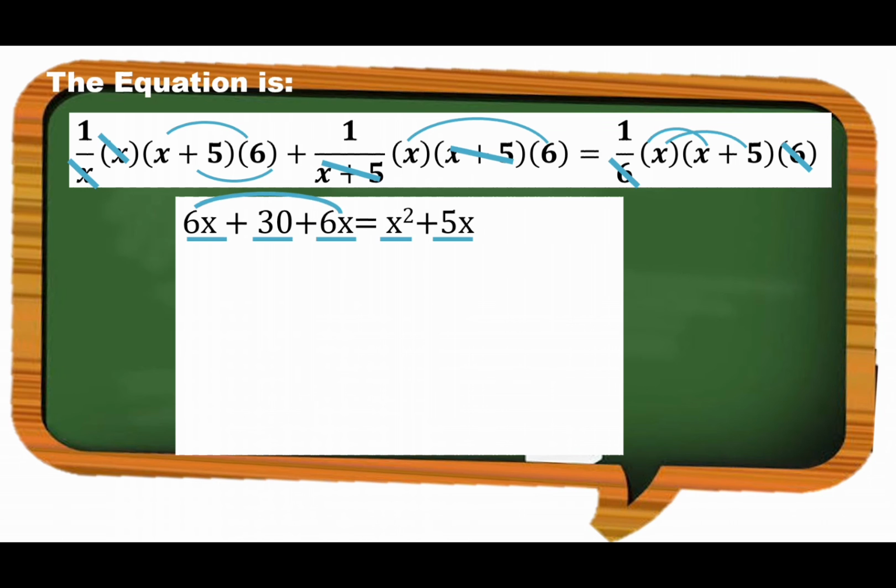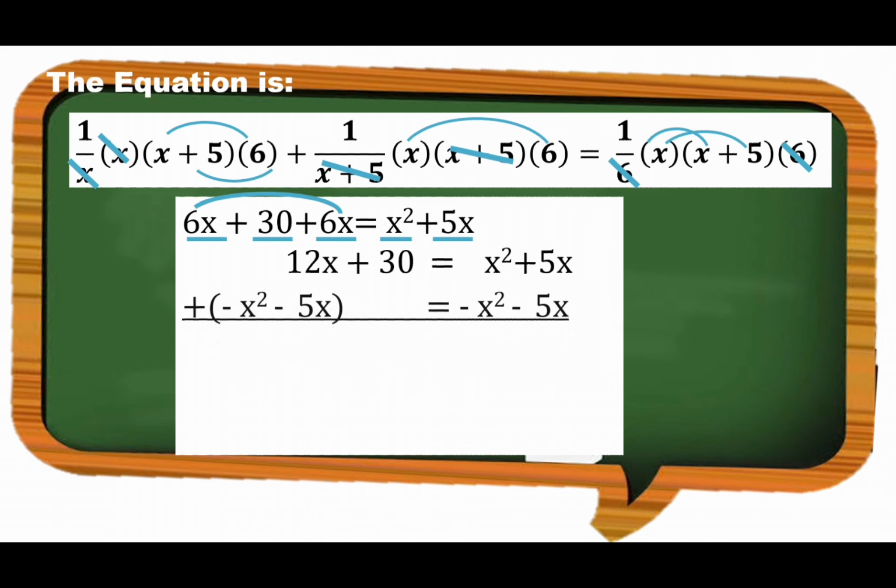Next, we're going to add similar terms. We have 6x plus 6x, that is 12x, plus 30 equals x squared plus 5x. Add negative x squared minus 5x to both sides of the equation.